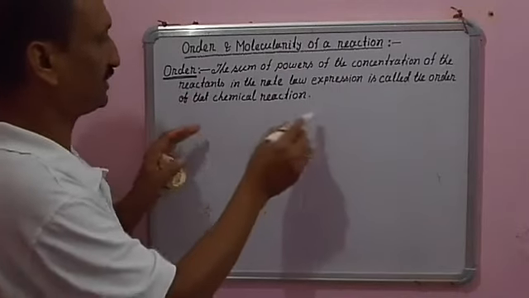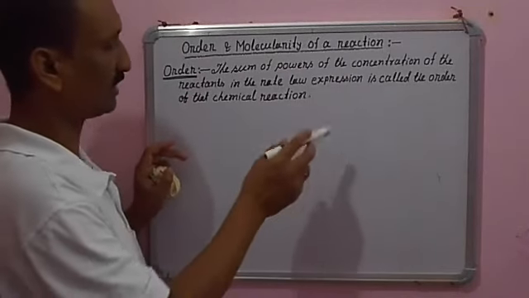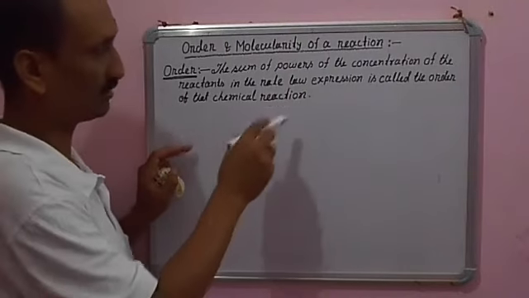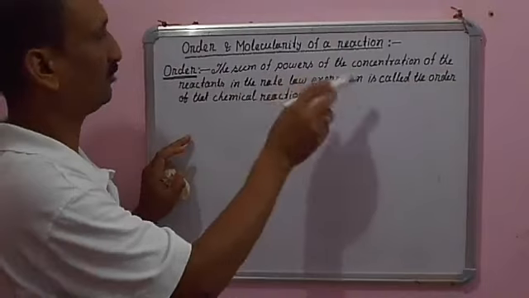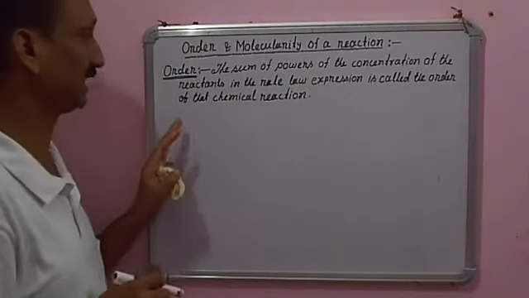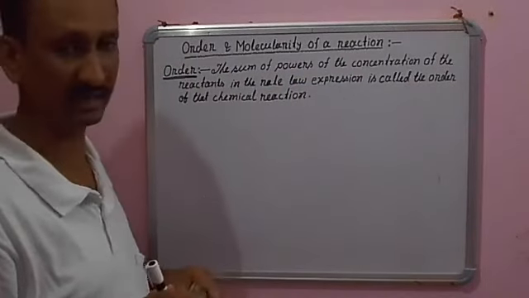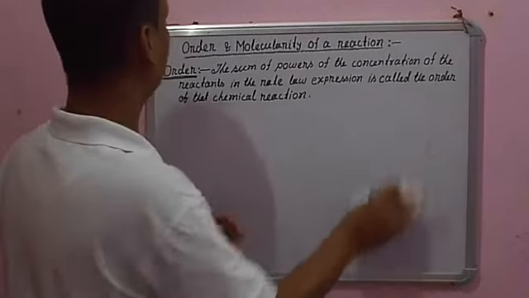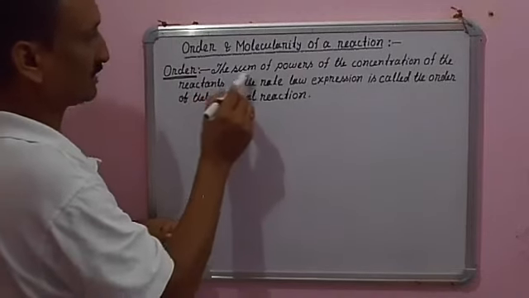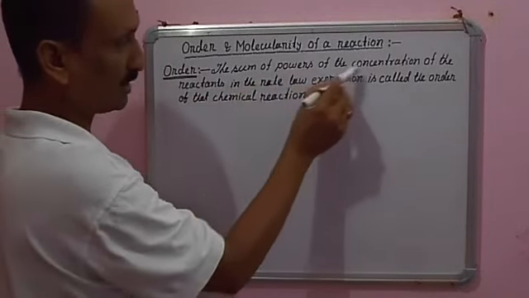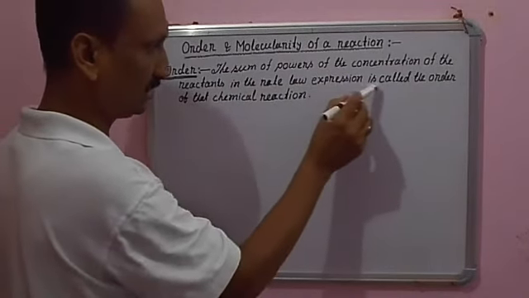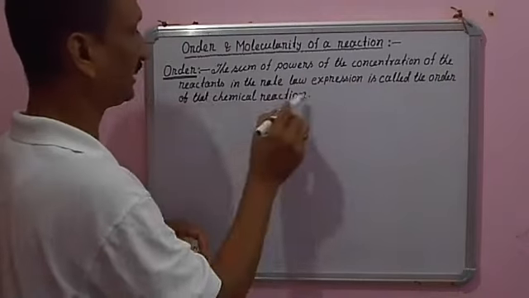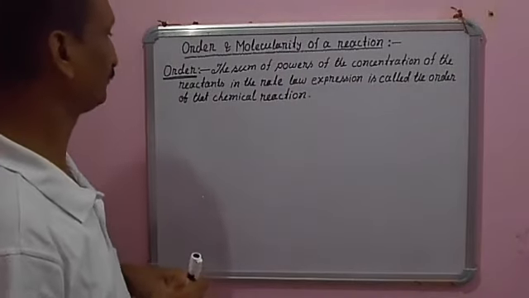Order may be 0, 1, 2, 3, like that, or even order may be a fraction. So it is obtained from the rate law expression, and again I am repeating, the sum of powers of the concentration of the reactants in the rate law expression is called the order of that chemical reaction.